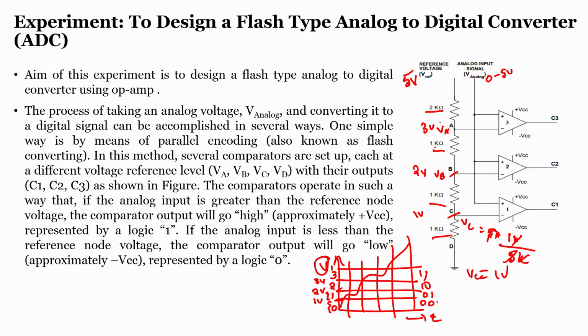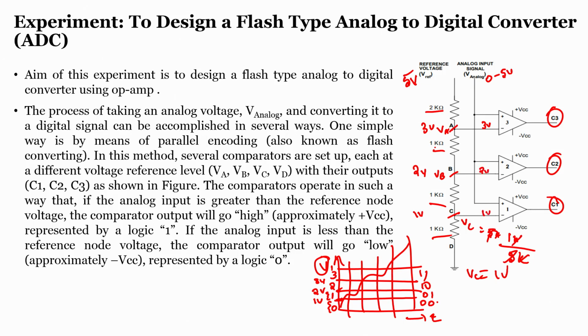When you see the output voltages of C1, C2, C3, whether they are high or low depends entirely on your input voltage, because the negative terminals of all 3 comparators are already fixed. So this comparator's negative voltage will be 3 volts, this will be 2 volts and this will be 1 volt.